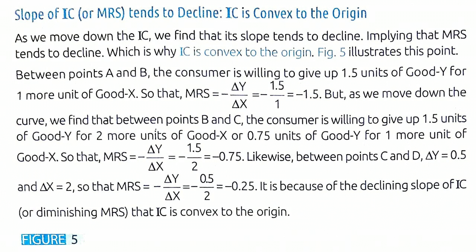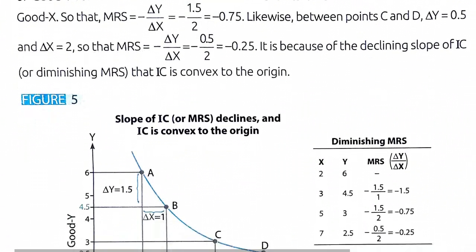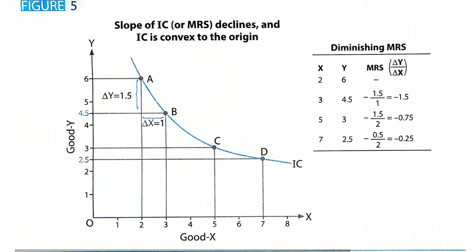Here we observe that the consumer is sacrificing some units of oranges to increase consumption of some units of apples. So here we can observe the MRS is initially 1.5.